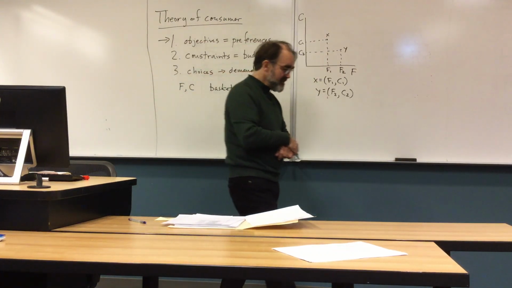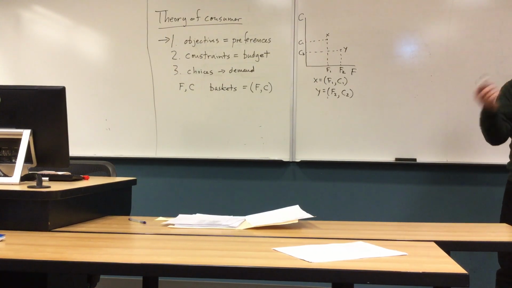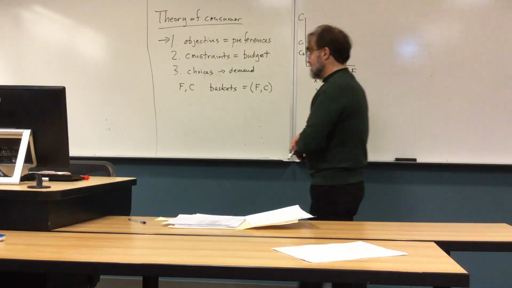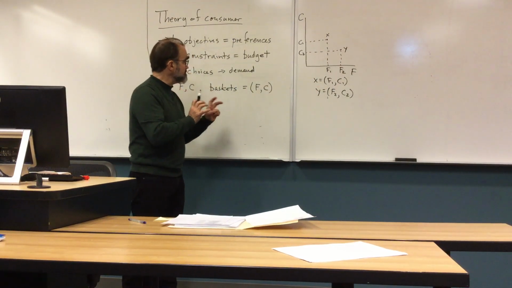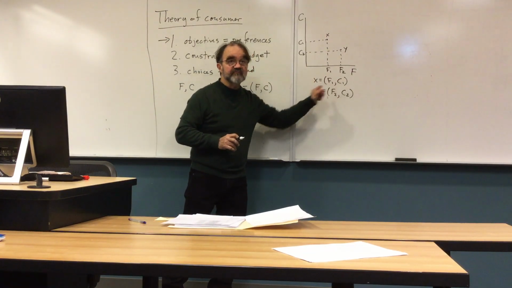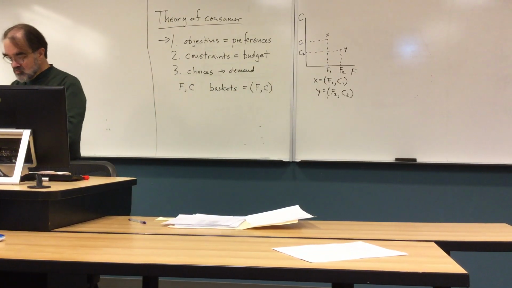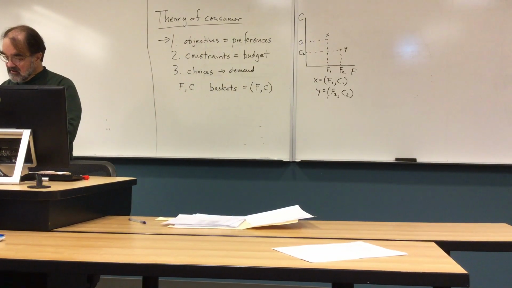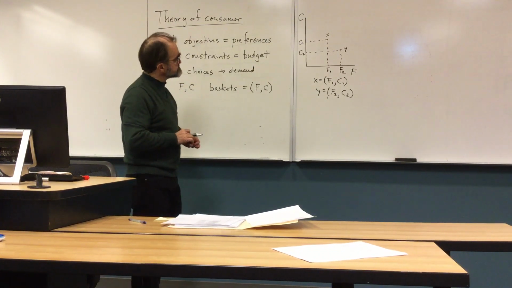So this is not about whether you like pizza better than pasta or beer better than wine. This is about comparing situations where probably you have some of both of the goods, and we want to know what it is the consumer prefers.